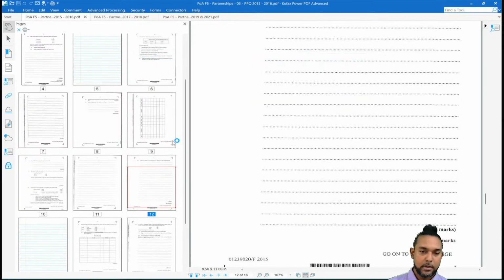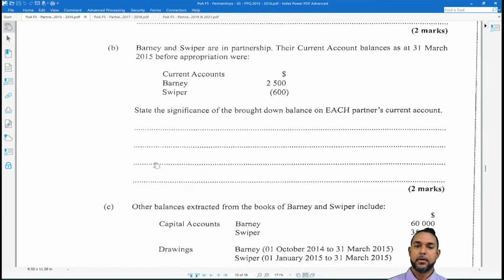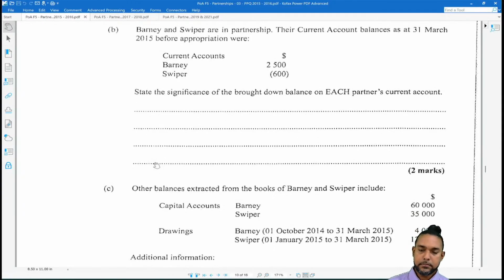Okay, so give me one second. Print out some stuff there for you all. So we'll do Barney and Swiper, and I'll send the information here.